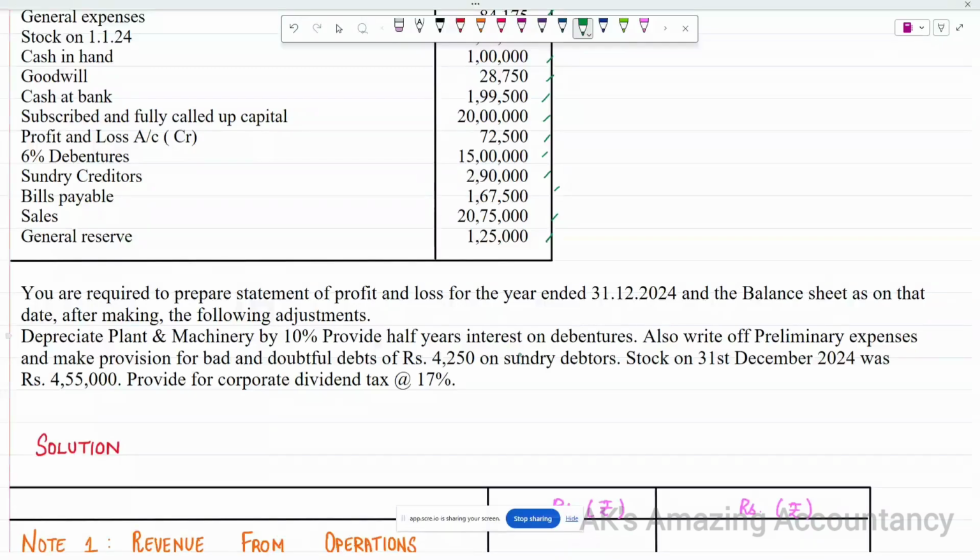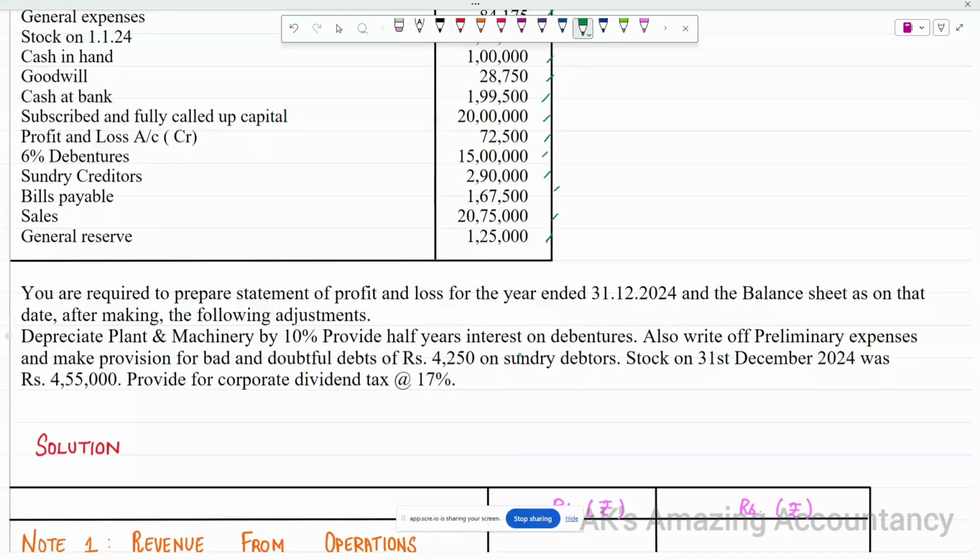Note 1 usually will be for revenue from operations, and note 2 will be other income. So note 1 plus 2 will give you the total of revenue. Note 3 is for cost of materials consumed, note 4 is for employee benefit expenses, note 5 is for finance costs, note 6 is for depreciation and amortization expenses, note 7 is for other expenses.